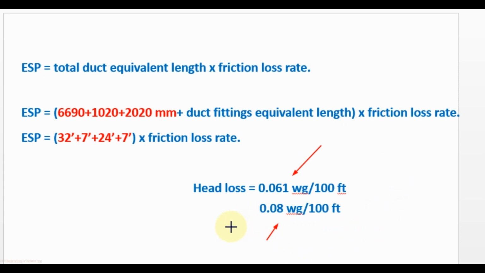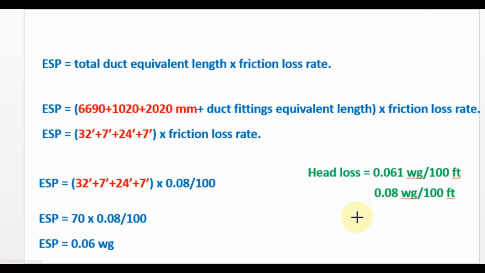So we will select the bigger value, which is 0.08 water gauge per 100 feet. After applying this value in the formula, when we make the calculation, we get the total external static pressure for this duct equal to 0.06 water gauge.